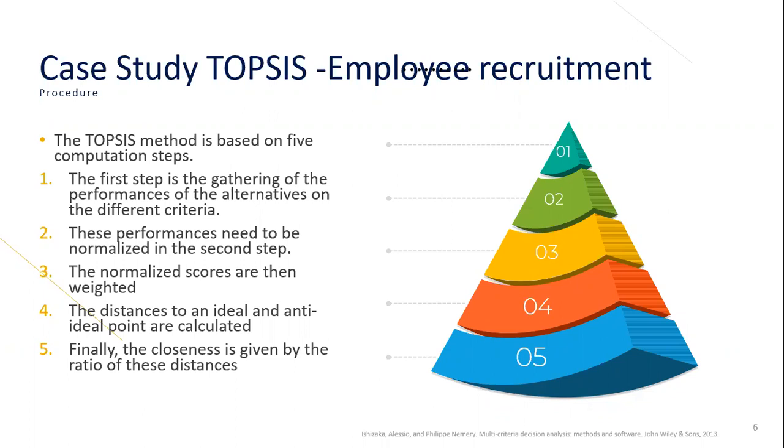So these are the 5 steps to follow in the TOPSIS approach. Number 1, we need to gather information about those options or alternatives, in this case each of these employees. For example, what is their exam result?